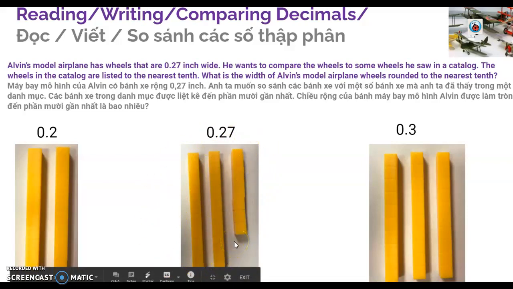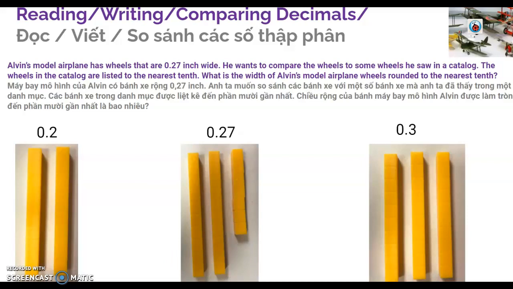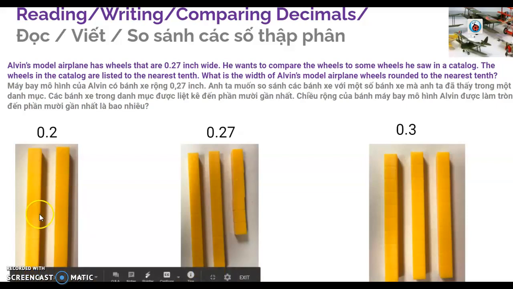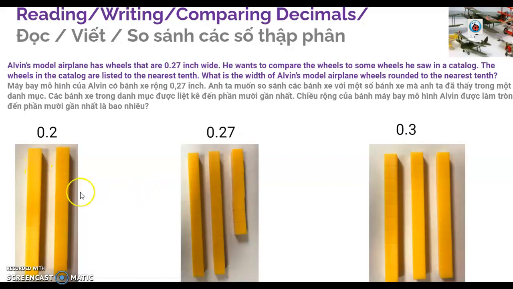When I think about this 27/100, it makes me think about the number line. And I'm thinking, what numbers would 27/100 be between? 2/10 and 3/10.